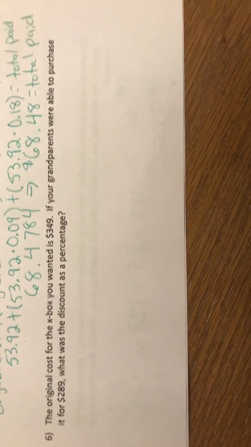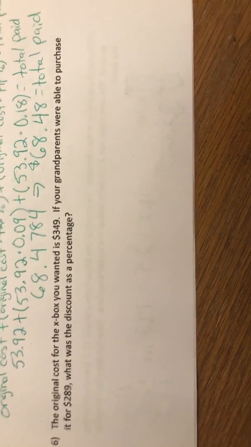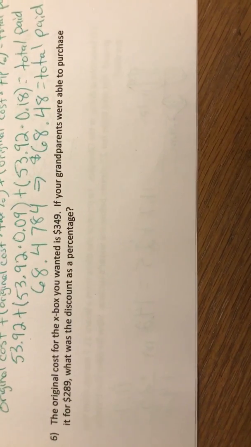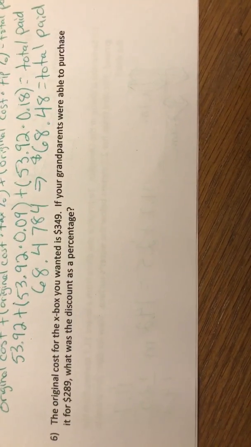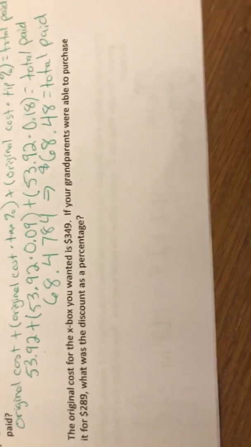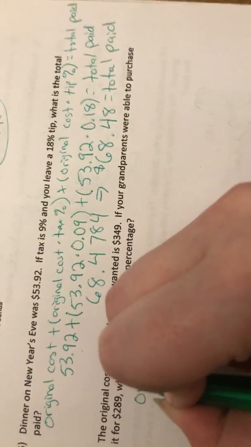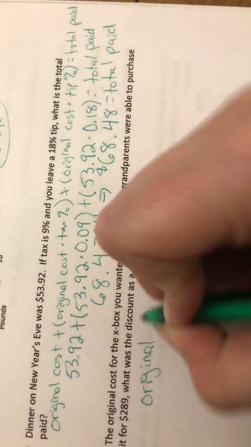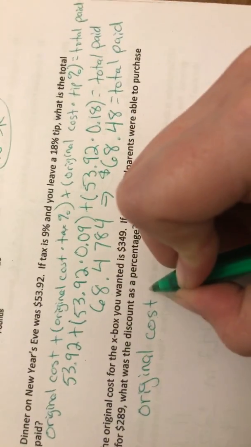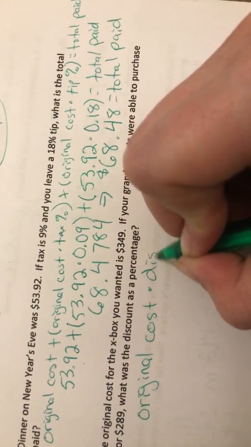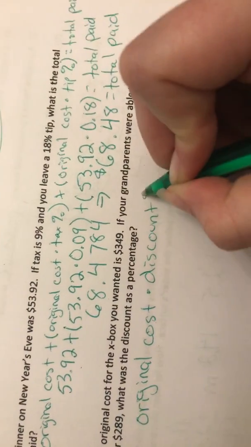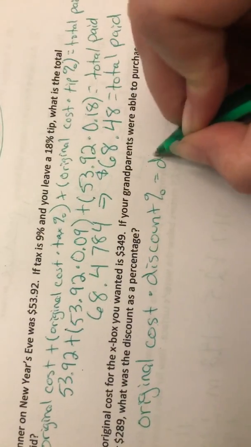In number 6, the original cost for an Xbox you wanted is $349. If your grandparents were able to purchase it for $289, what is the discount as a percentage? So we know that our original cost times our discount percent equals the discount amount.